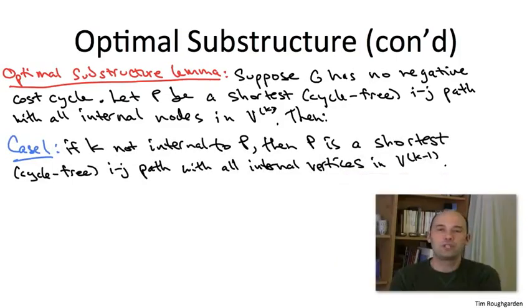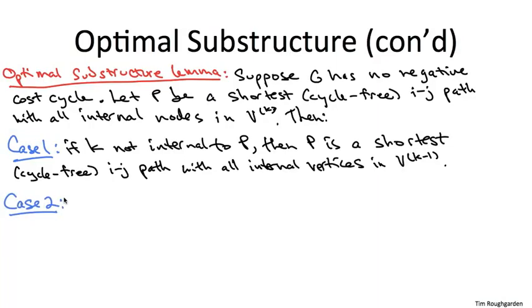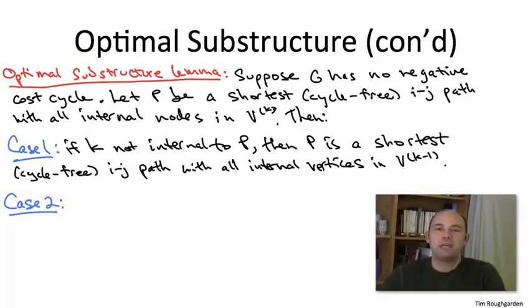Now, in case 2, it's going to become apparent what a great idea ordering the vertices, looking at prefixes of the vertices, is when you're considering the all pairs version of the shortest path problem. Suppose this path P from i to j does indeed use the vertex k in the middle. Well, then we can think of the path P as comprising two subpaths.